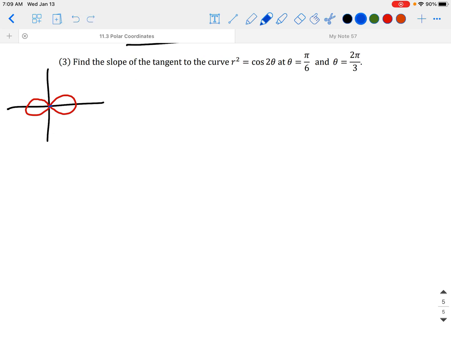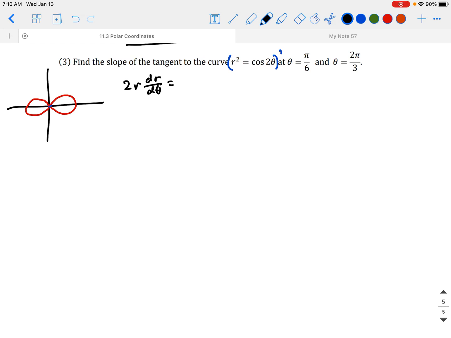We'll start with our r squared equation, and we'll differentiate with respect to theta. So on the left side, remember we're differentiating with respect to theta. R is some function of theta, but we're going to treat it as just r. So we're going to actually be differentiating implicitly. So we're going to write this as 2r on the left times dr d theta.